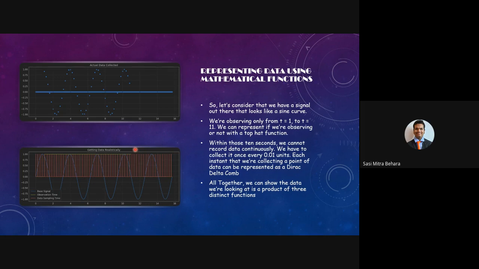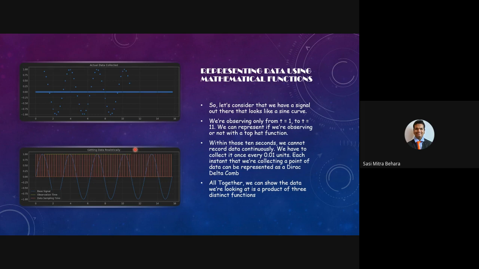So the time that we are going to observe, let's put that as a top hat function. Then within those 10 seconds, we are not going to record data continuously. You are looking at a digital signal, so it's going to have some gaps in the middle.